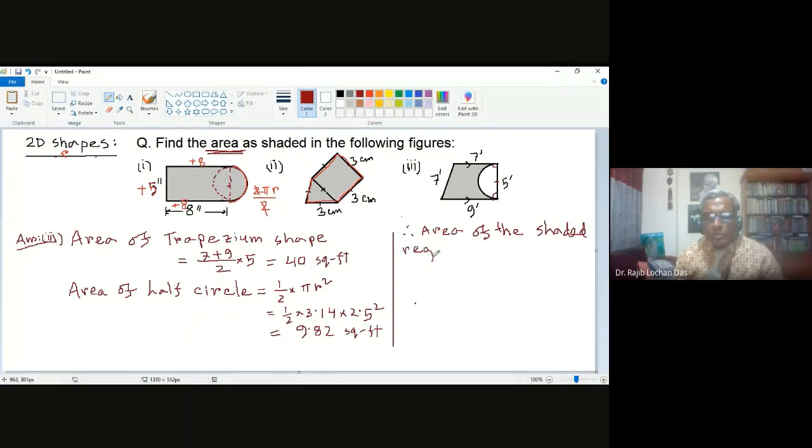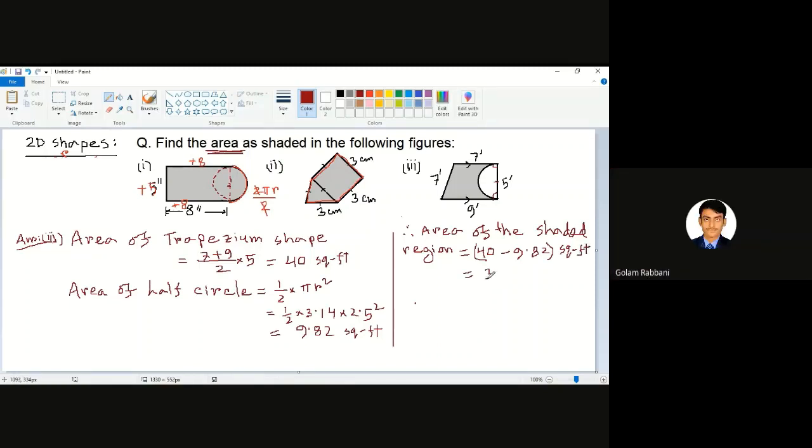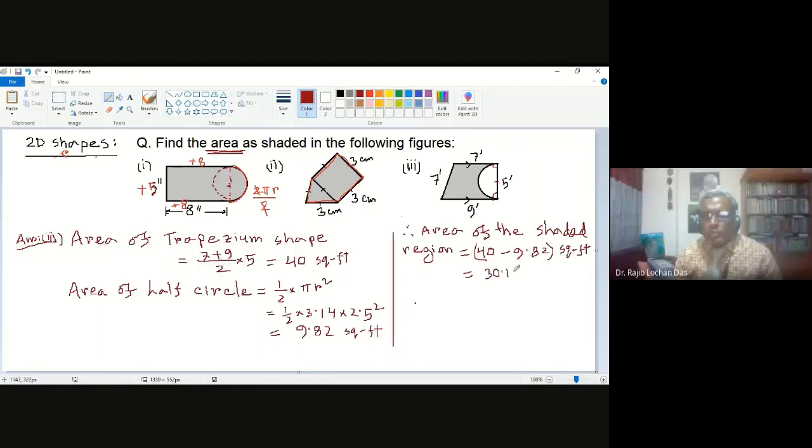You want only the shaded part, so that will be minus. That will be 40 minus 9.82, and it is square feet, of course. So 40 minus 9.82 will be 30.18 square feet. That will be the answer. Okay, so this is done.